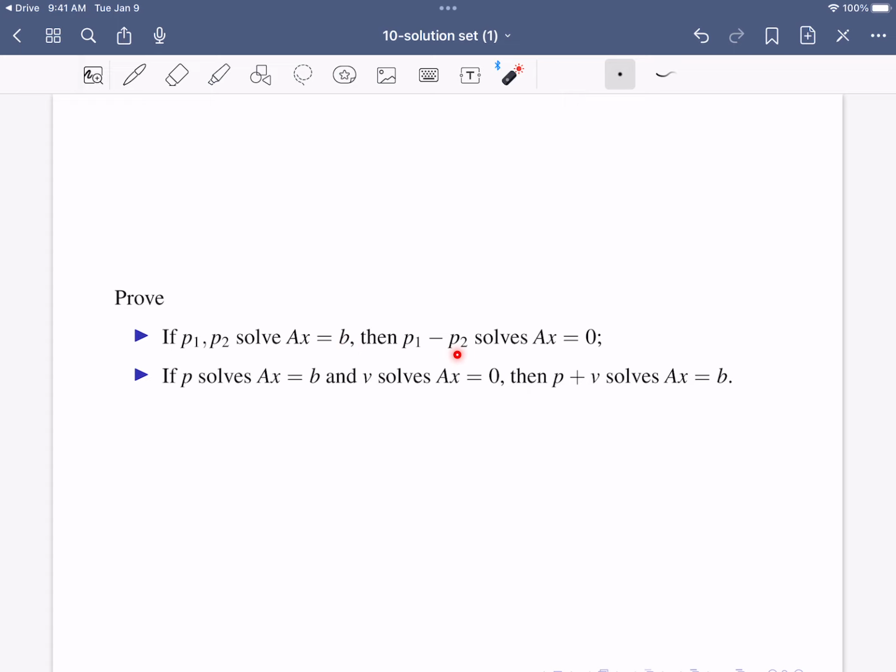Then the difference of the two solutions solves the homogeneous equation associated to the same coefficient matrix. So given two solutions P1 and P2, by solution it means it satisfies the equation when we replace x by the solution. So AP1 equals b and AP2 equals b.